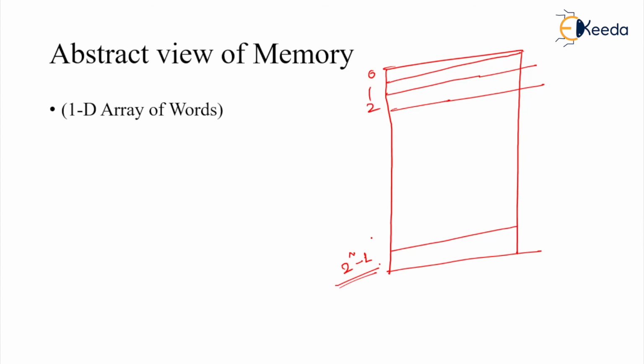We believe that it's a one-dimensional array, and also that it is contiguous memory. So this is our abstract view, and this is the place where it will be stored, with the address. That is the abstraction, and that is what we believe.